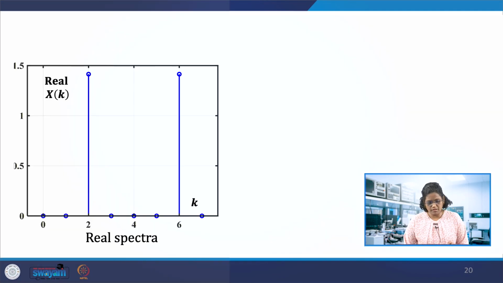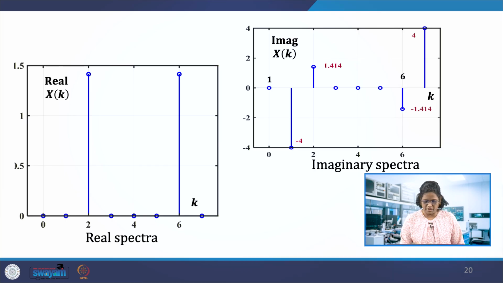Now getting into the real spectra, suppose the complex number is separated into real and imaginary parts and plotted over here. This is the real spectrum, and the other shows the imaginary spectrum.